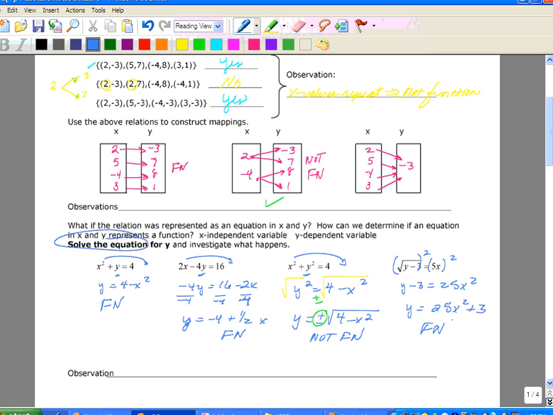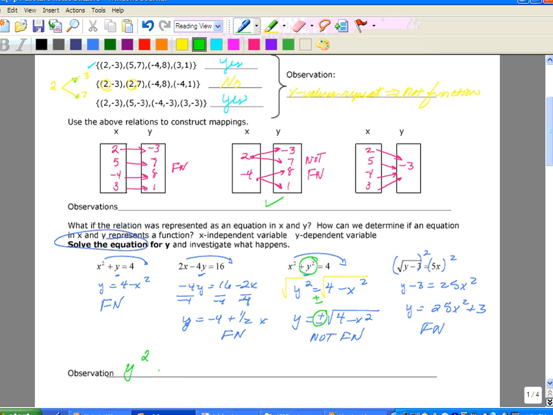So what would be the moral of the story here? All of these were functions except for the middle one that ended up with a plus or minus. So what observation could I make here? If there's a plus or minus, it's not going to be a function, but where did the plus or minus come from? Came from the square root. And why did we have to square root? Because there was a y square.